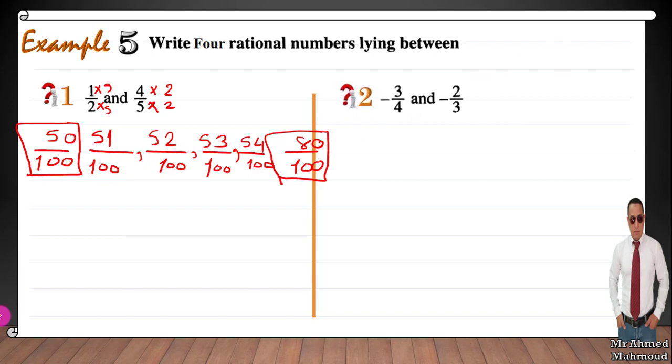Number 2, negative 3 over 4 and negative 2 over 3. The denominator here is 4 and the denominator here is 3. So I'm going to multiply this fraction up and down by 3, and this fraction up and down by 4.